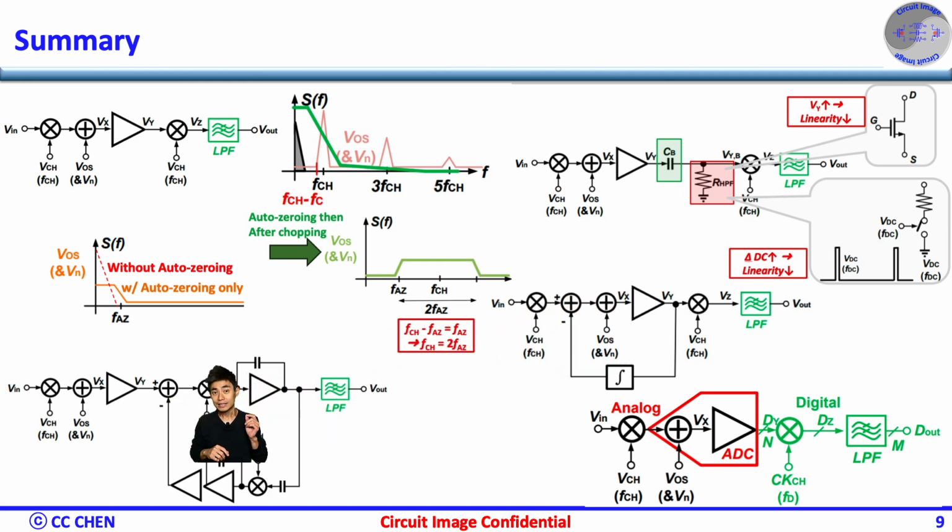Fourth, the negative feedback idea can be applied here to sense the ripple and feed back to cancel the input offset. However, there are trade-offs between the stability, settling time, chopping frequency, charge injection, clock feedthrough, etc.